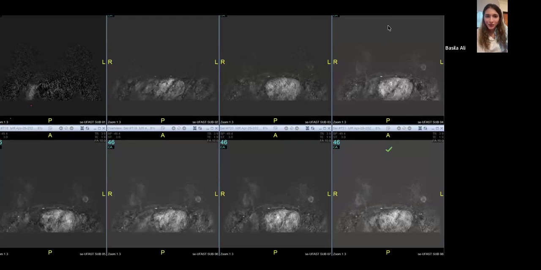This is the ultrafast sequence, right? You can see the contrast reaching the heart in the beginning, and as we give it a few seconds, it reaches the axillary vessels and then it slowly enters the lesion. Then we see more and more enhancement in the lesion.